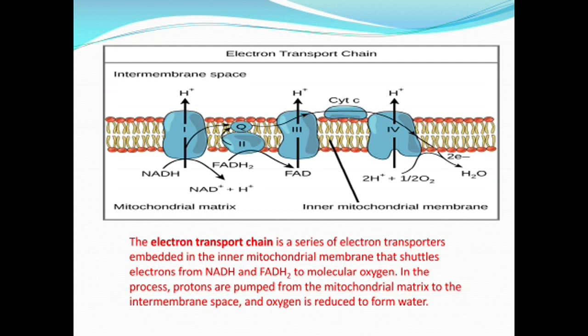Through various steps, it ultimately produces carbon dioxide and NADH. In glycolysis, the end product is pyruvic acid along with ATP and NADH2. While the Krebs cycle produces NADH2 and carbon dioxide.